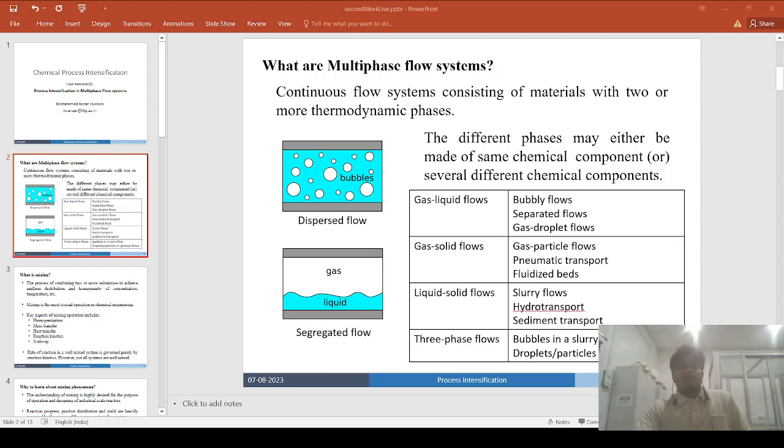Now coming to these three, reactive absorption, reactive distillation and reactive extraction, one of the most extensively discussed out of these three is the reactive distillation process.